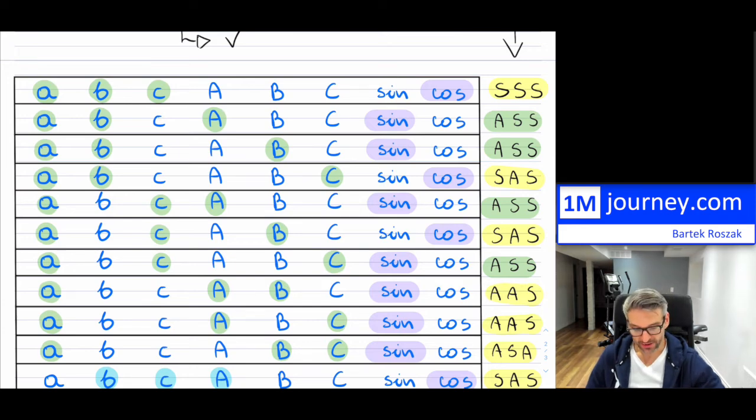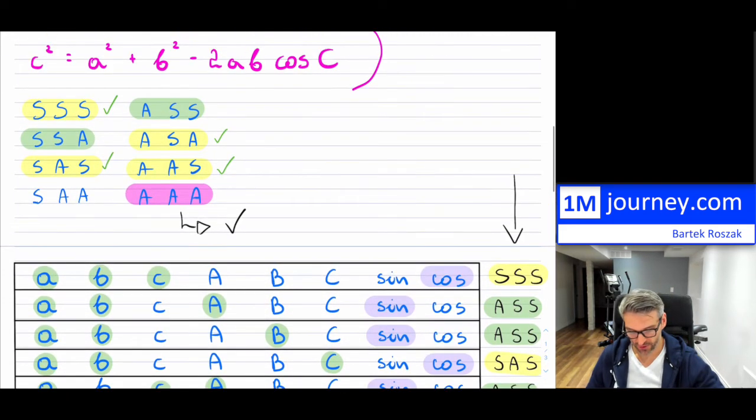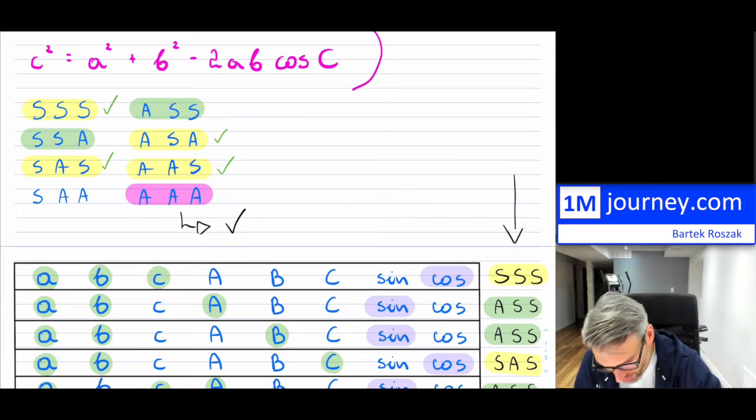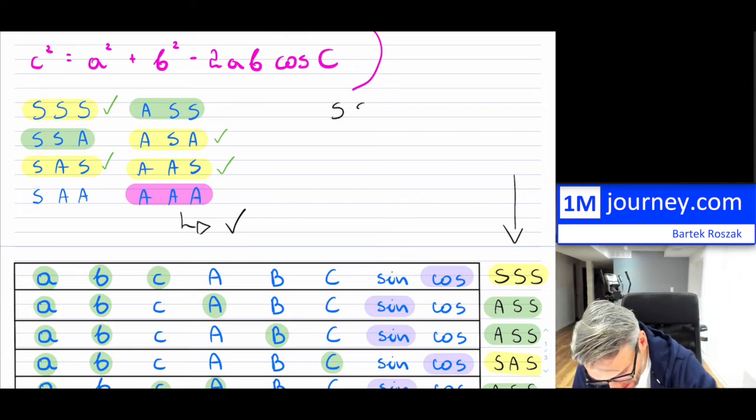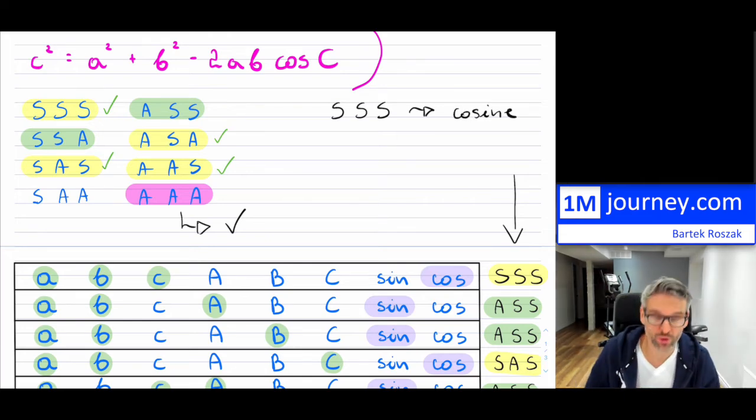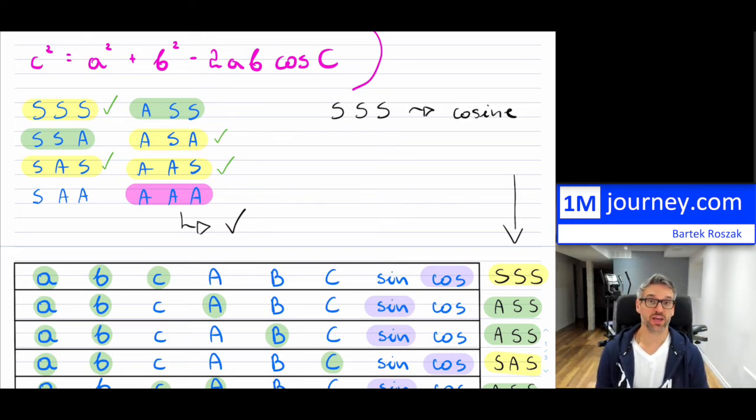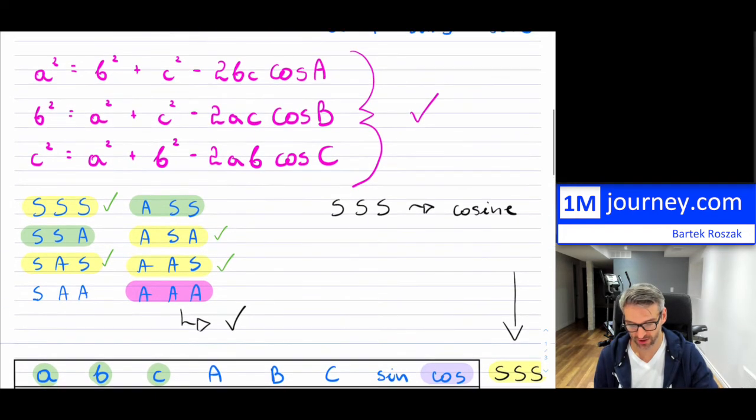Now, for instance, if you're given side, side, side, then in this case what I recommend is that you start with the cosine law to find one of the angles, because you can't use the sine law. And once you find one angle, then you can find any other angle that you please by using the cosine law. So this one, you would start with that.